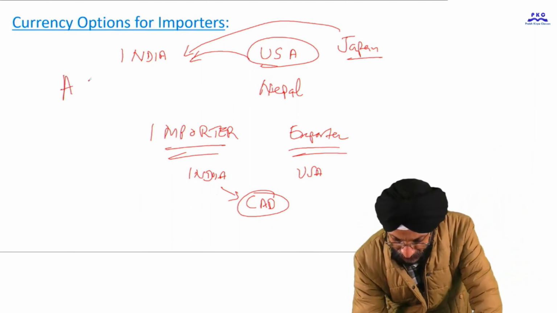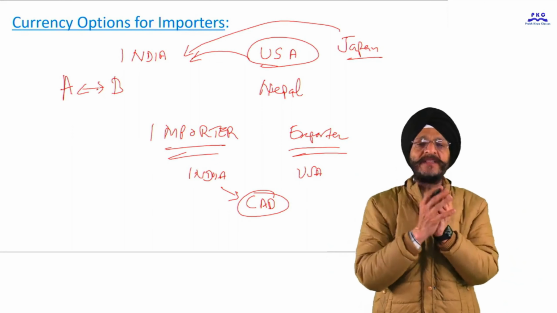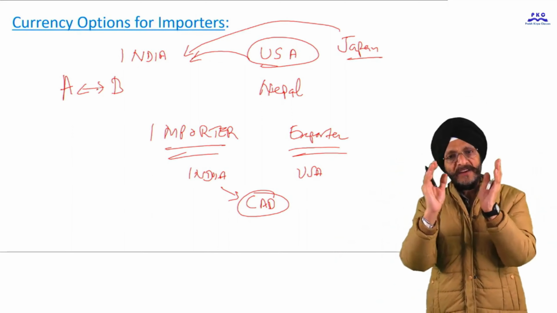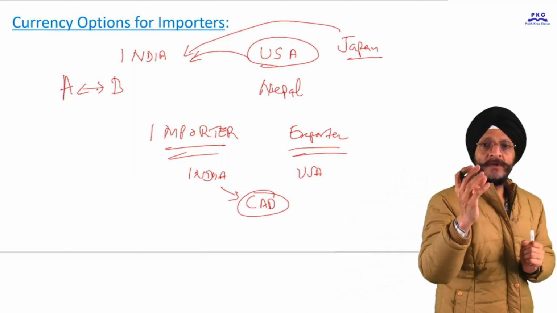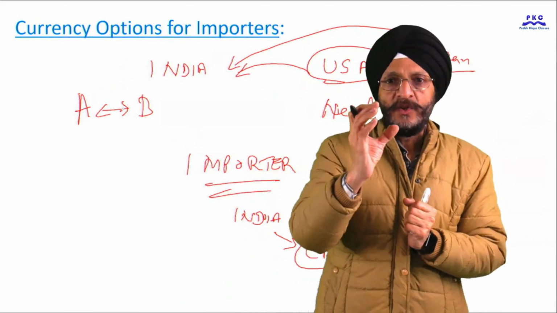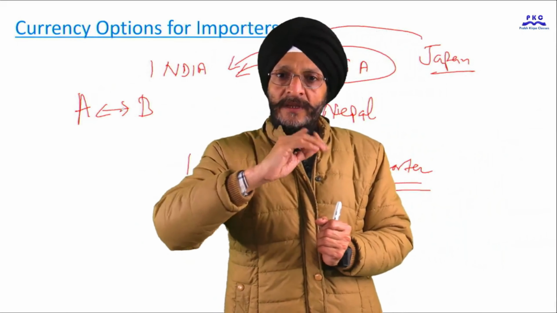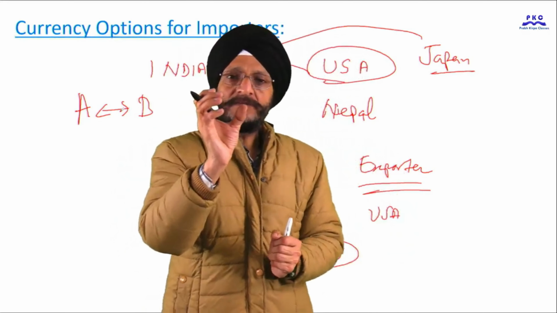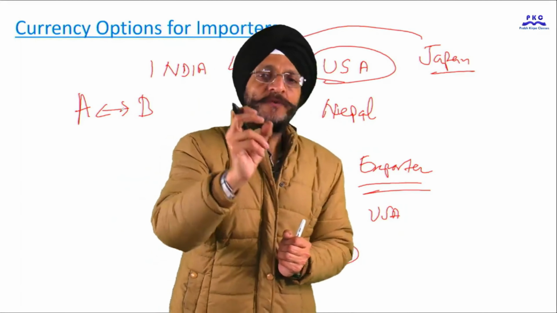It may also happen that sometimes there are trade agreements between two countries. Suppose there are two countries, A and B, as has happened in the case of Russia and China. Russia and China have entered into an agreement to give preference to their domestic currency in the trade between them, that is, the currency of the exporting country.